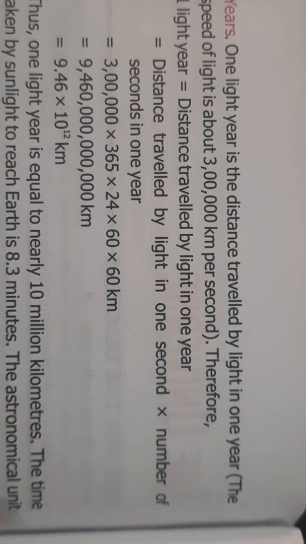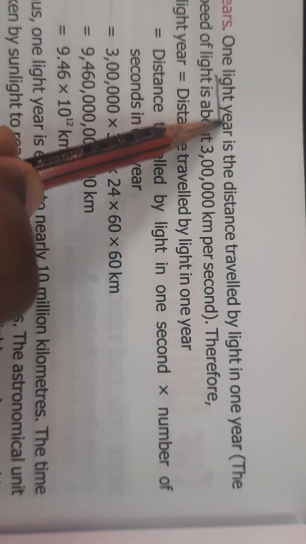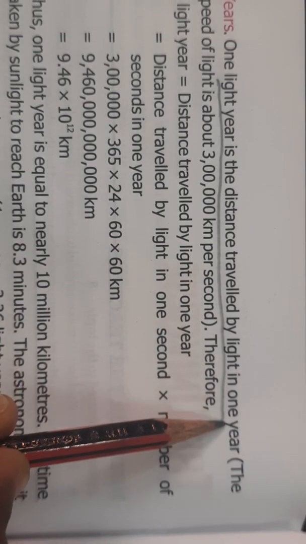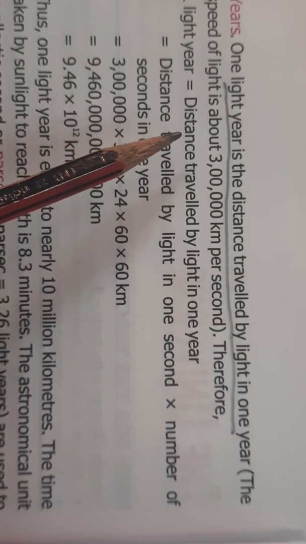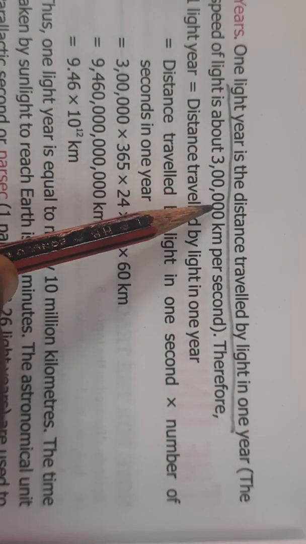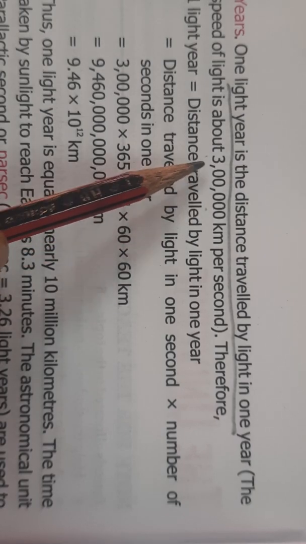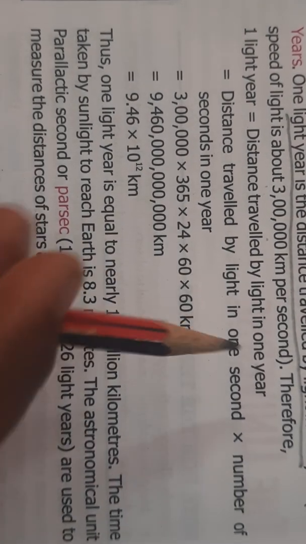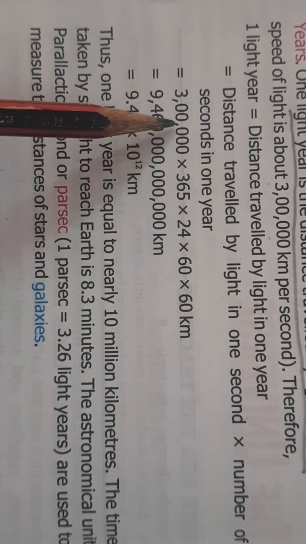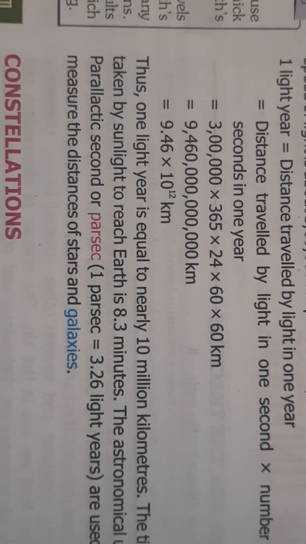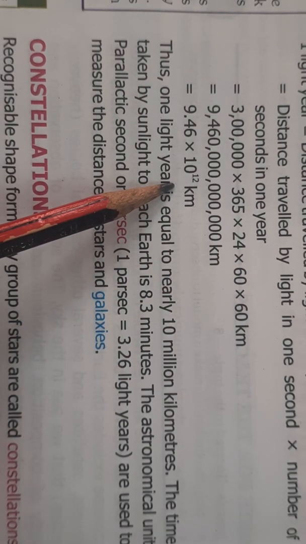So what is a light year? A light year is the distance traveled by light in 1 year. The speed of light is about 3 lakh kilometers per second. So how can you calculate it? One light year is the distance traveled by light in 1 year, and here the calculation is given. It is 9.46 into 10 to the power 12 kilometers.